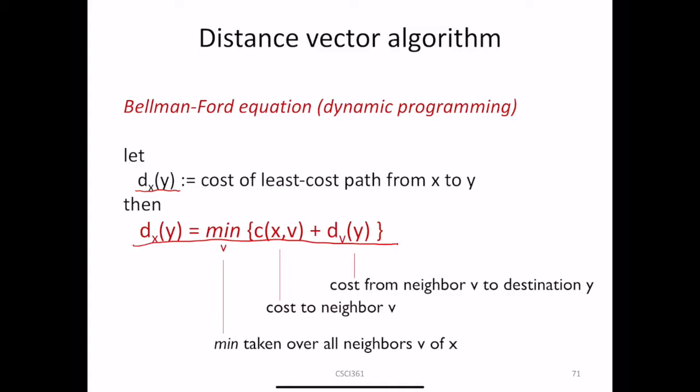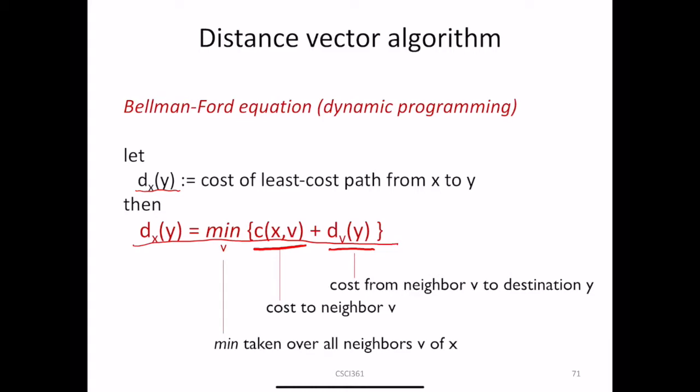Within the equation, we look for the minimum combination among all the neighbors. c(x,v) represents the cost to neighbor v, and d_v(y) is the cost from neighbor v to destination y.